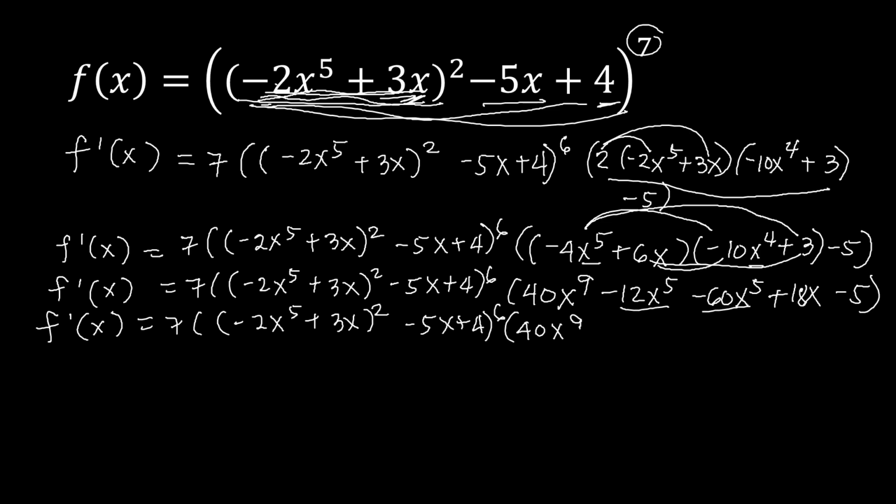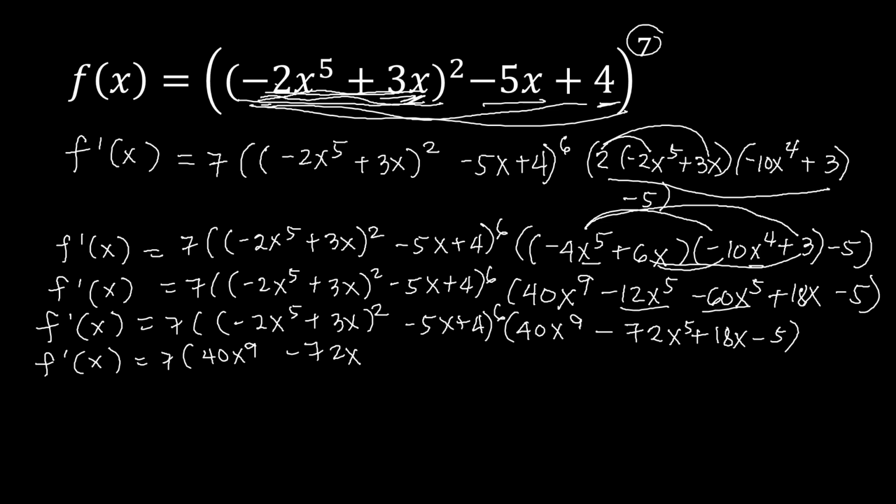This is negative 72 x to the power of 5 plus 18x minus 5. So from there, we can just simply rewrite that one together with your 7. So we have 7 times 40x to the power of 9 minus 72x to the power of 5 plus 18x minus 5.